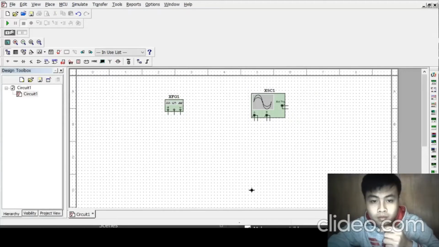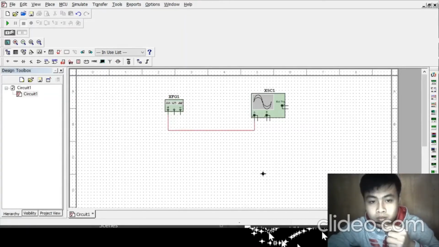Here we must connect the positive terminal to channel A. We have two channels, channel A and channel B. If we want to form our waveform on channel A, we connect our terminal to channel A, and if we want it on channel B, we connect our function generator to channel B. Here I want to form my waveform on channel A.